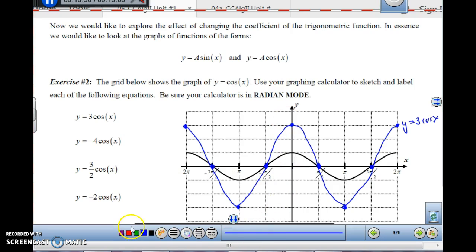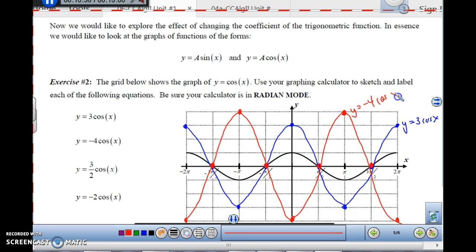So that graph is going to start at -4, 1, 2, 3, 4, and then back to 0, and then up to 1, 2, 3, 4, back to 0, and back to here. So the curve will not only increase its amplitude, it's also going to flip it over the x-axis. So your graph of y equals -4 cosine x will look like this. All right, so this is the red one, y equals -4 cosine of x.